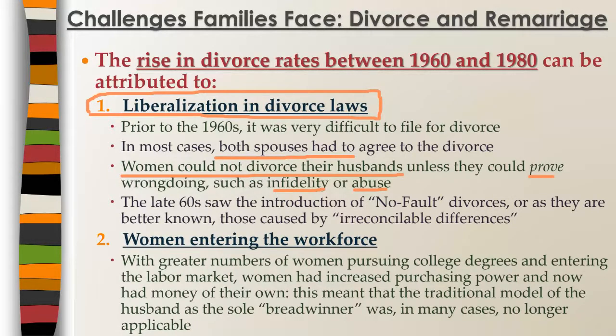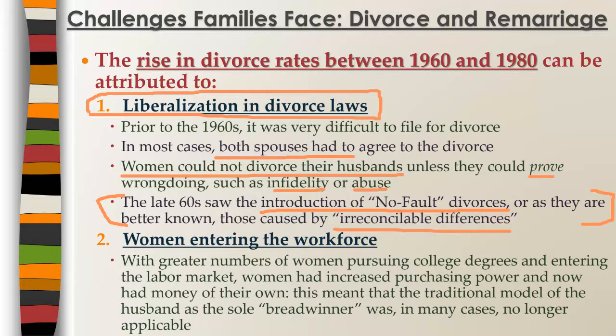So in the late 60s is when we saw the introduction of no-fault divorces, which today are more often called divorces for irreconcilable differences. So we have the introduction of more lenient divorce laws where you don't necessarily have to prove infidelity or abuse anymore.